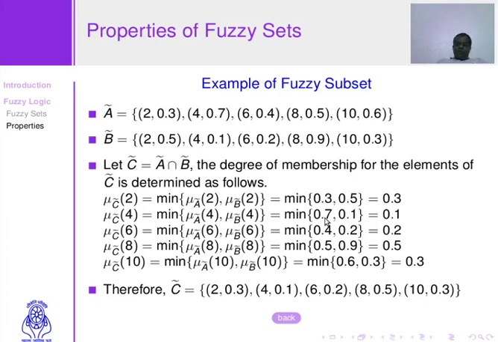For element 4, in fuzzy set A it is 0.7, in fuzzy set B it is 0.1, the minimum of the two values is 0.1, and so on. So finally we obtain the fuzzy set C as follows. It has element 2 with degree of membership 0.3, element 4 with degree of membership 0.1, element 6 with degree of membership 0.2, element 8 with degree of membership 0.5, and element 10 with degree of membership 0.3.